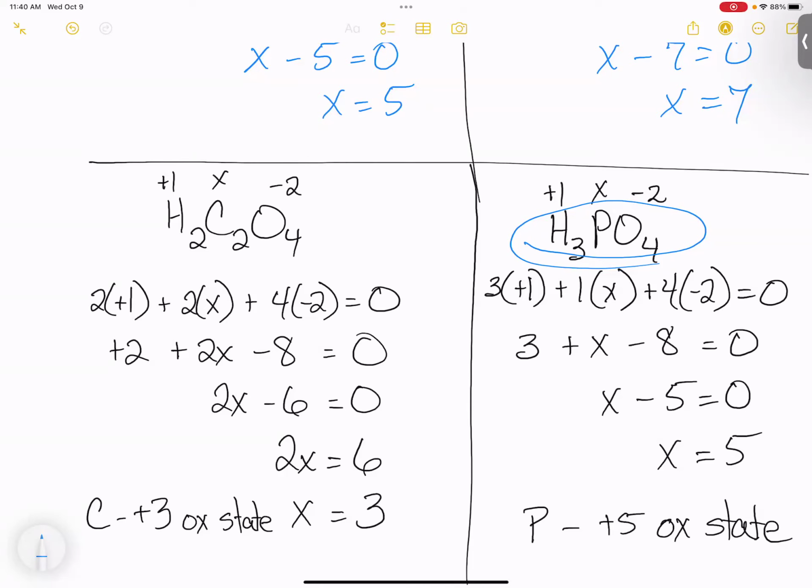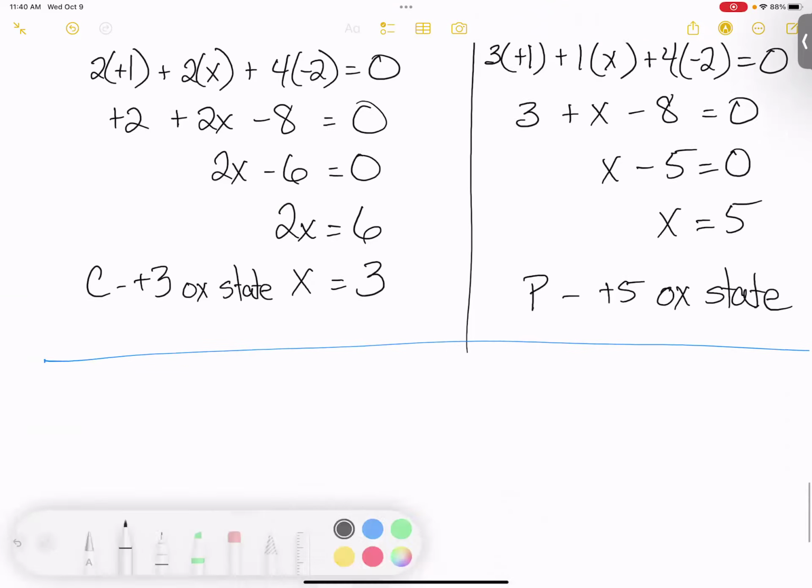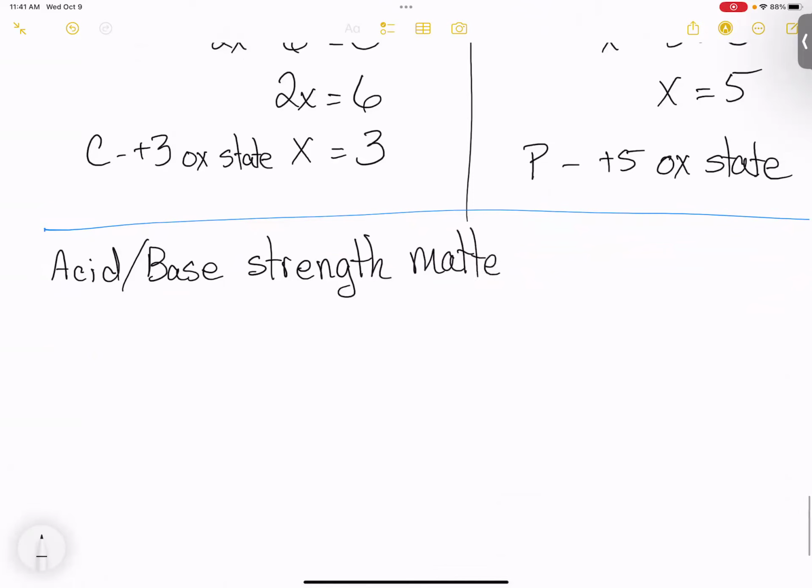Now, why does acid-base strength matter? Acid-base strength matters really for 2 reasons.